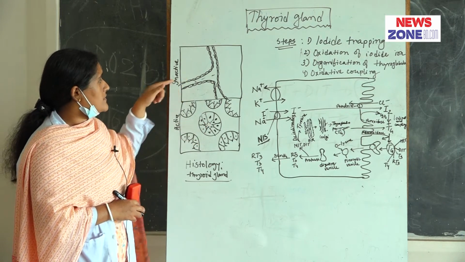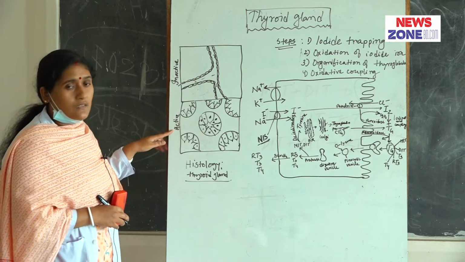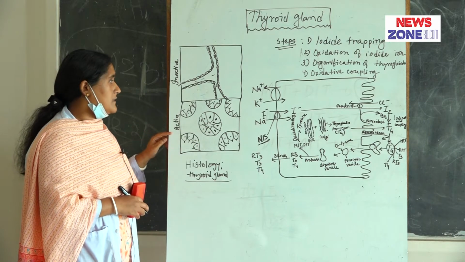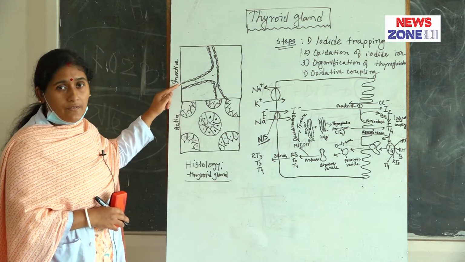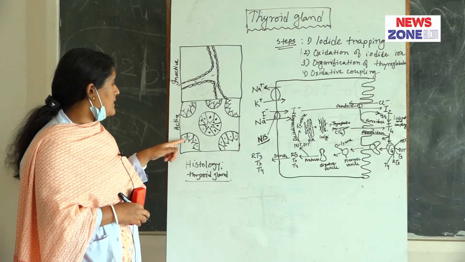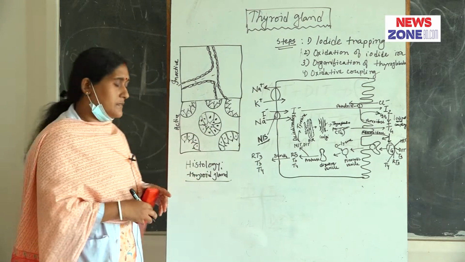Reabsorption lacunae is absent in the inactive stage and present in the active stage. The lining epithelium of the follicle is flattened in the inactive stage and either columnar or cuboidal in the active stage.